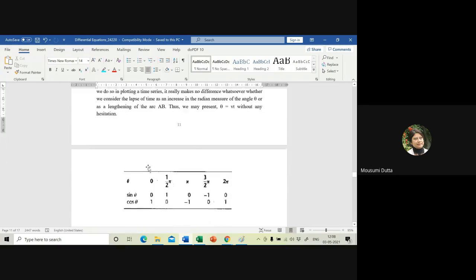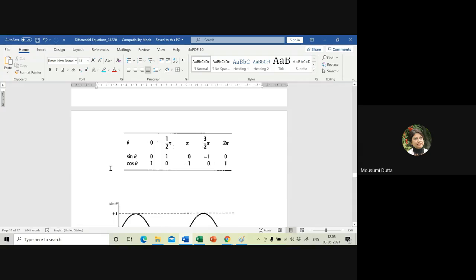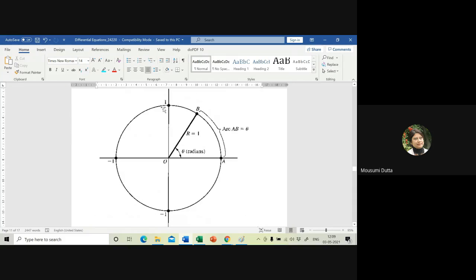If you understand up to this, in the next step we are putting different possible values of theta. You can put values in between too. We are putting the standard values: theta can be 0. I am starting from this point, so theta is equal to 0.